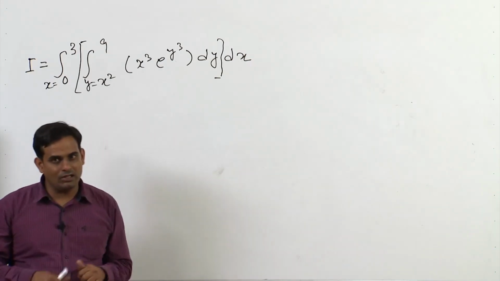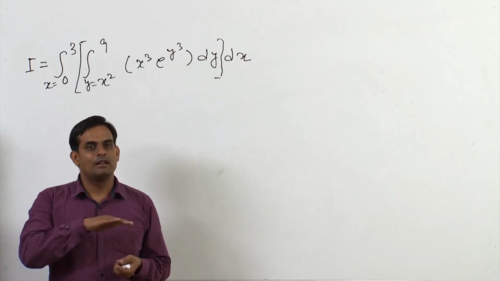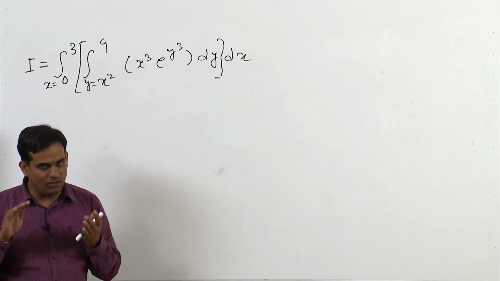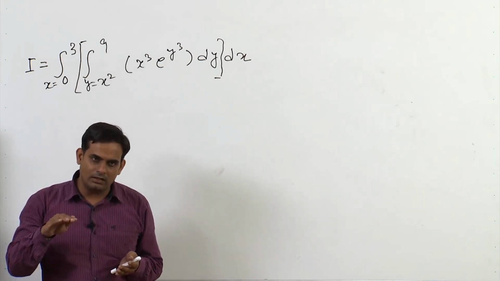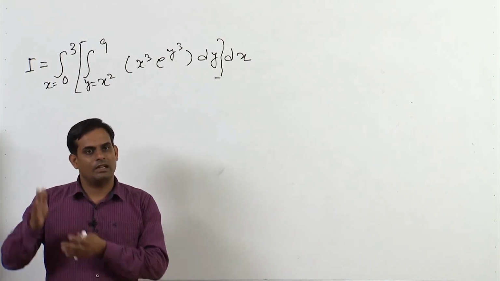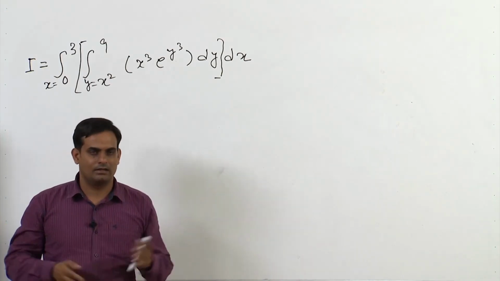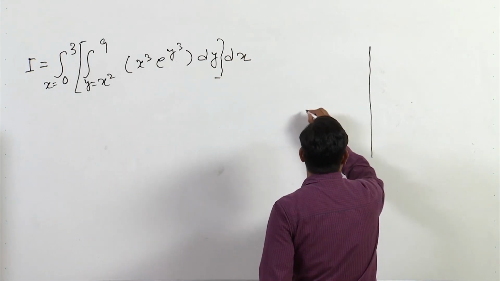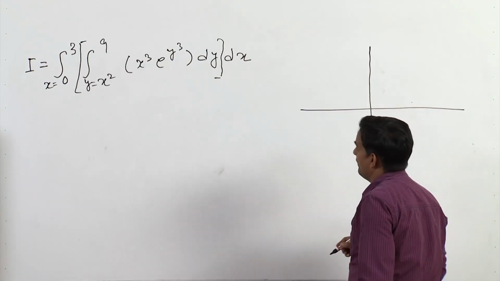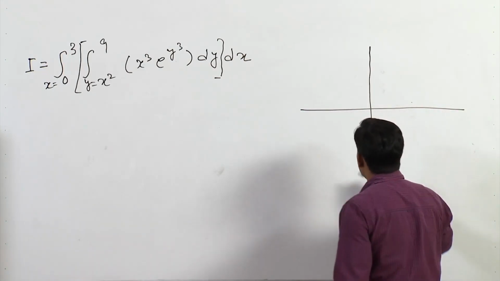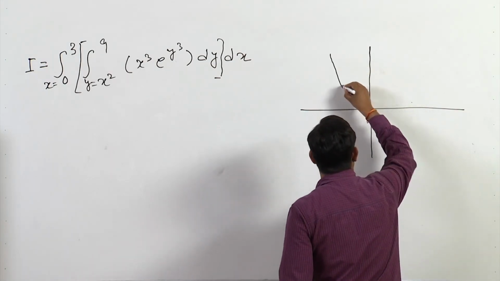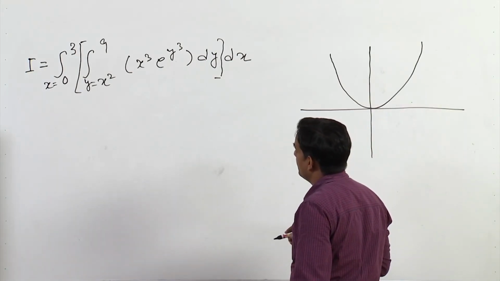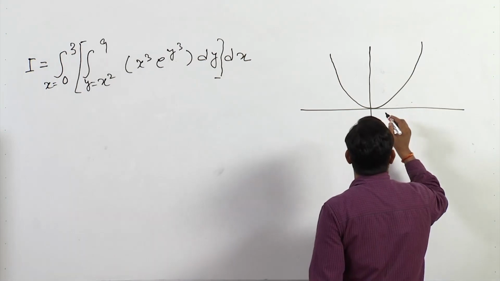As I told you, change of order means changing the direction of the strip. If you are covering your region of integration by a horizontal strip, changing the order means taking the vertical strip and vice versa. So, let us sketch the region of this particular example. Here y equals x square will be like this, and it is going up to y equals 9.